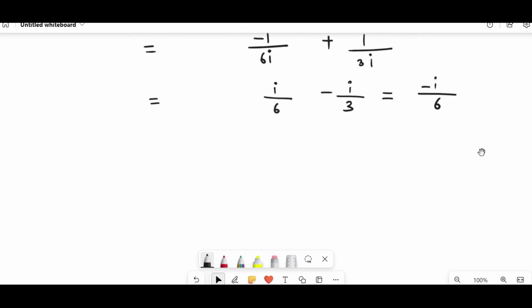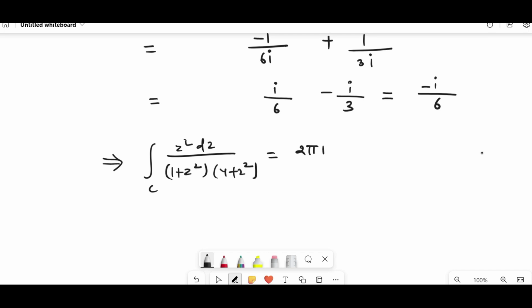Therefore, we can say that the value of the integral over the curve C of z square dz over 1 plus z square multiplied by 4 plus z square is equal to 2 pi i multiplied by the sum of residues, whose value is negative i by 6. So it will give 2 and 2, 2 threes are 6, so it will give pi over 3.